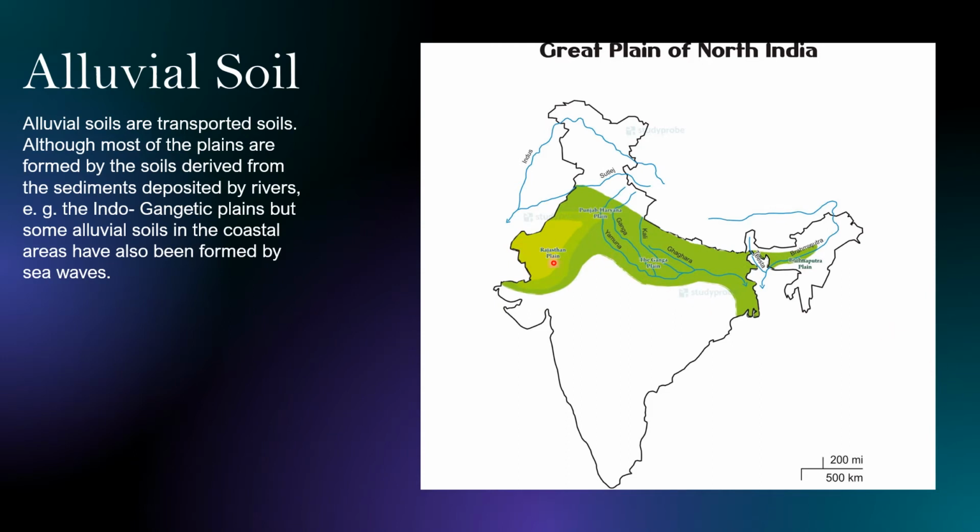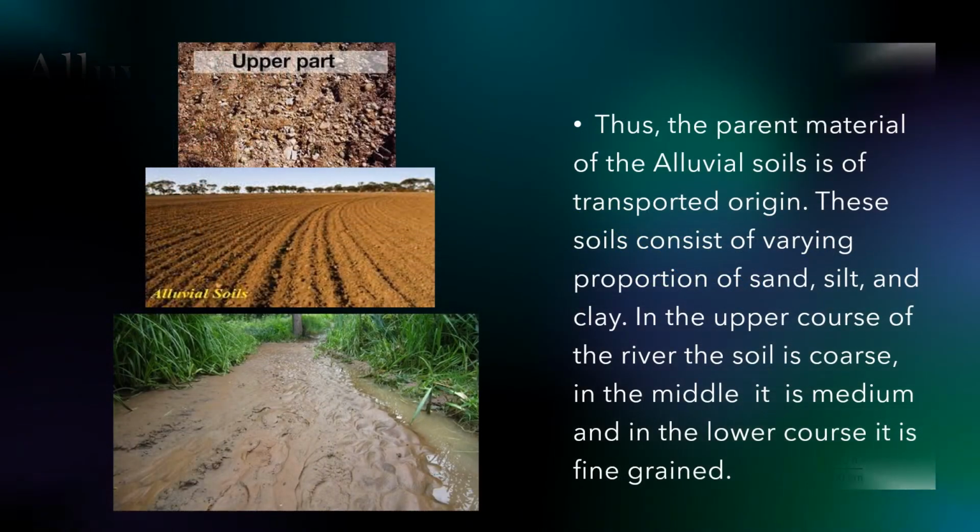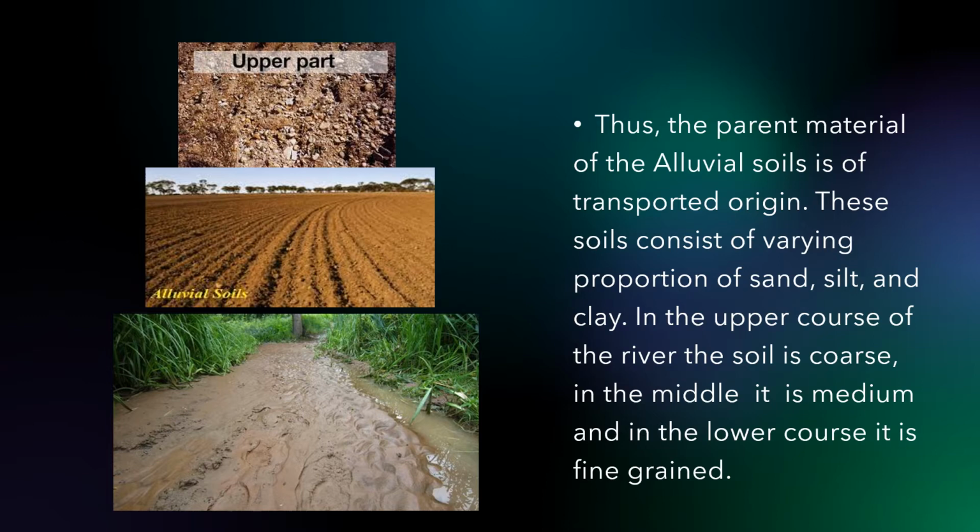Apart from the Indo-Gangetic plain over here, alluvial soils are also found in the coastal areas, which have been formed by the sea waves. Thus, the parent material of the alluvial soil is of transported origin.